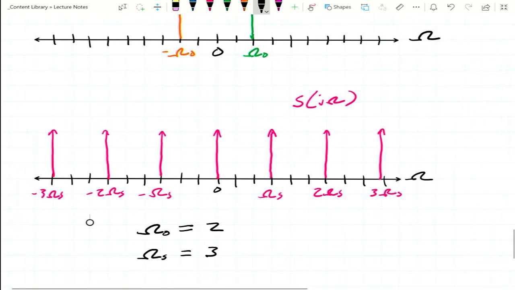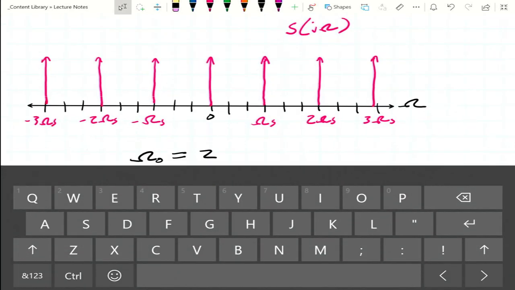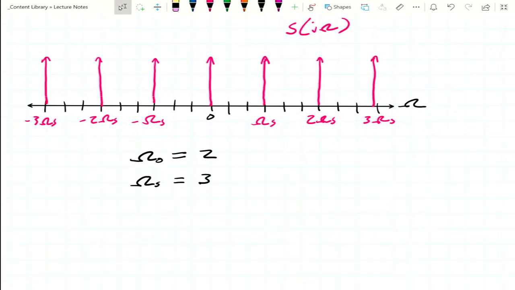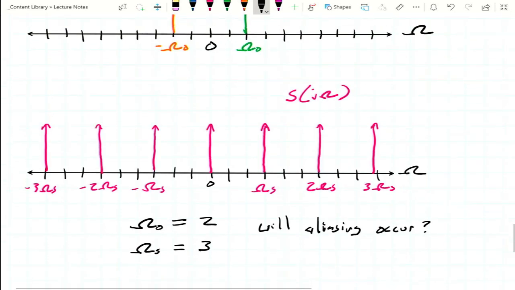What do y'all think? Edward says yes. Someone else says yes.